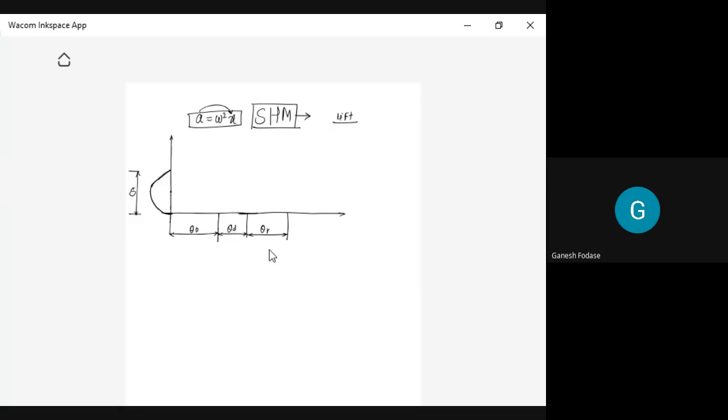Now, we have to divide this semicircle into n number of equal divisions. As this angle is 180 degrees, if I want to divide it into n parts, let's say n is equal to 6. We can divide into any number of parts, but all the parts should be equal. As it is 180 degrees divided by 6, that is 30 degrees.